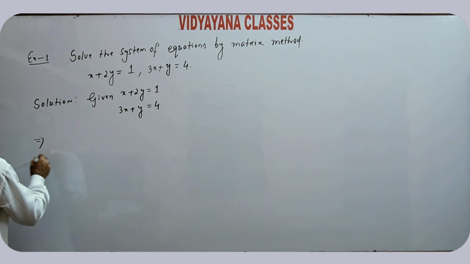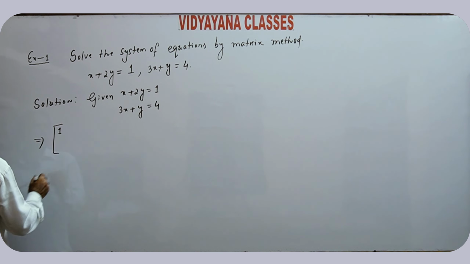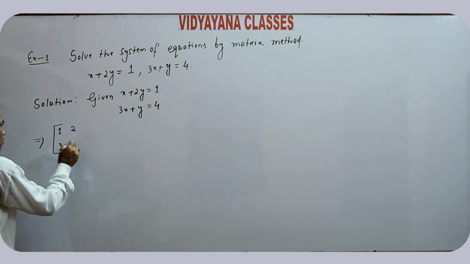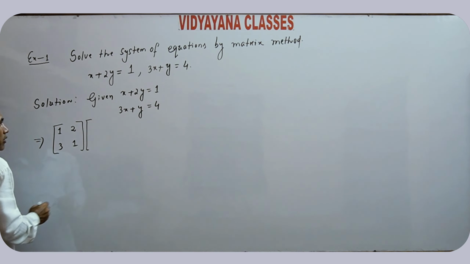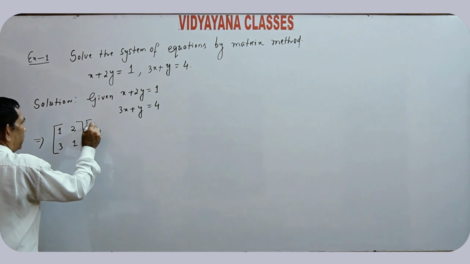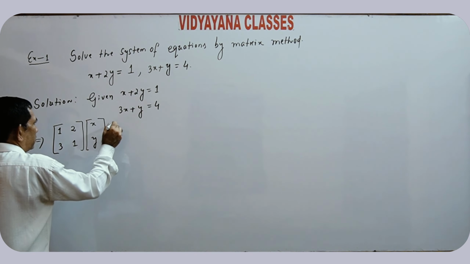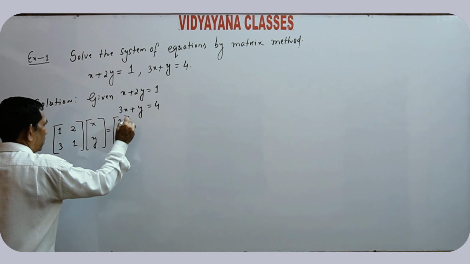Which implies this: matrix having elements 1, 3, 2, 1 into matrix having elements x, y is equal to matrix having elements 1, 4.